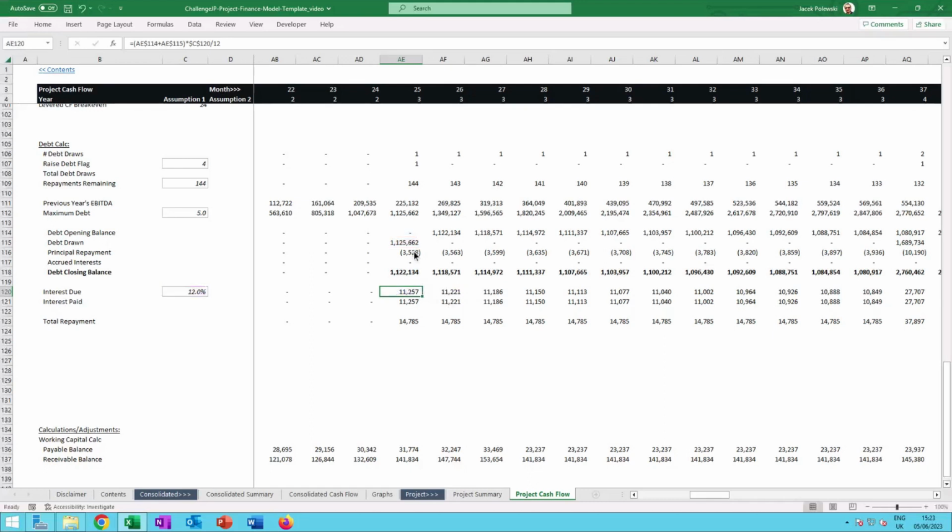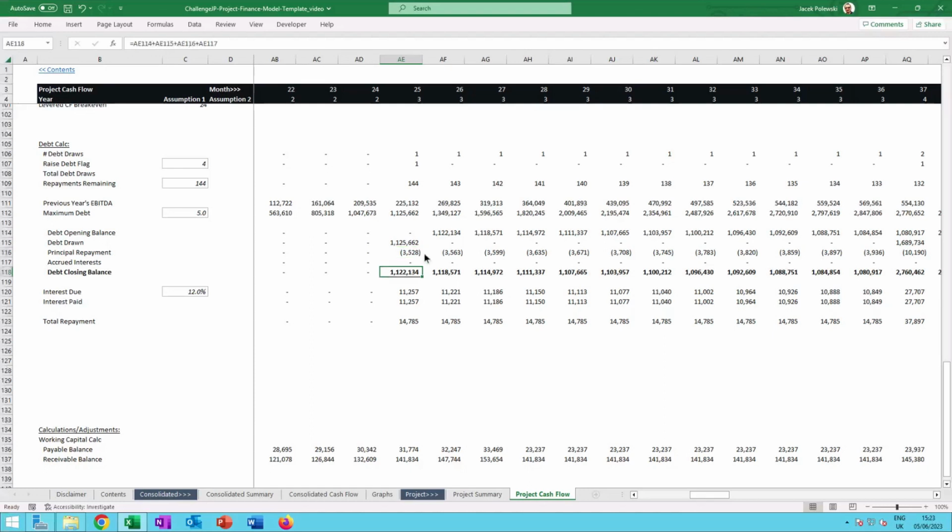Anything that's left after you pay your interest, you deduct from that repayment calculation, and that will be allocated to your principal repayment.